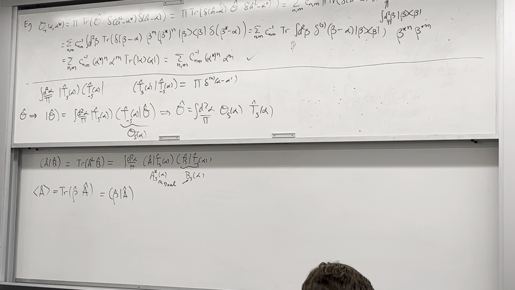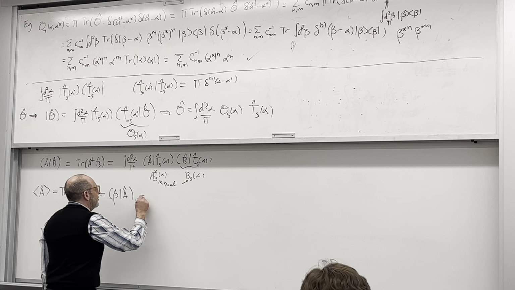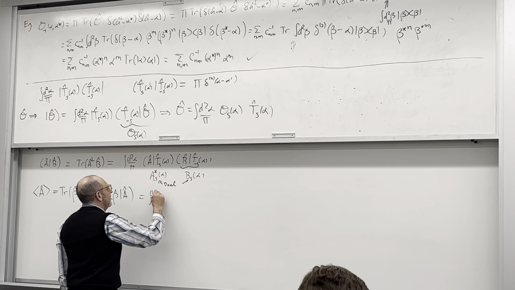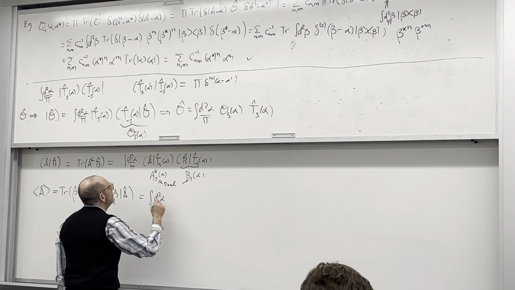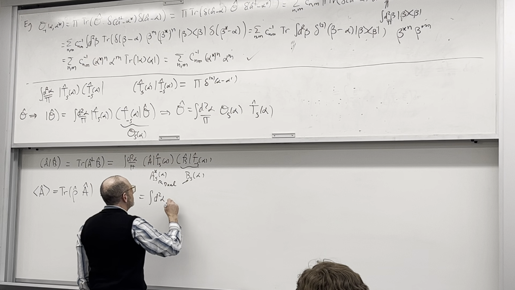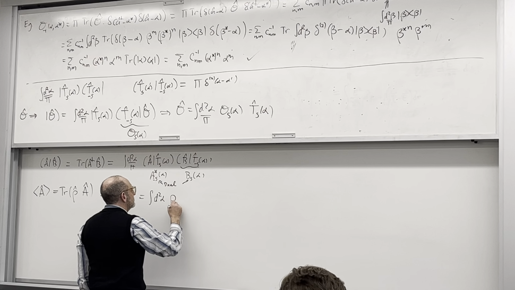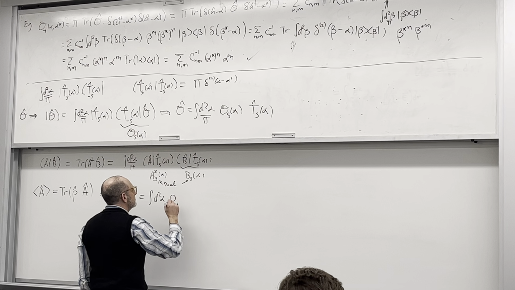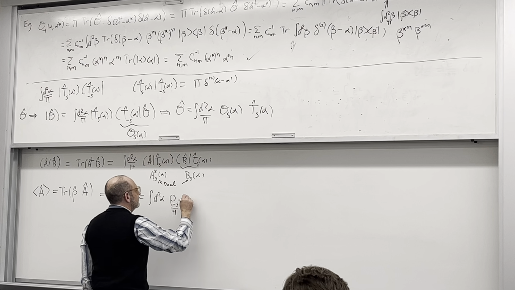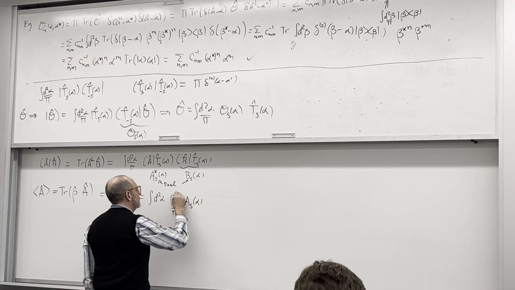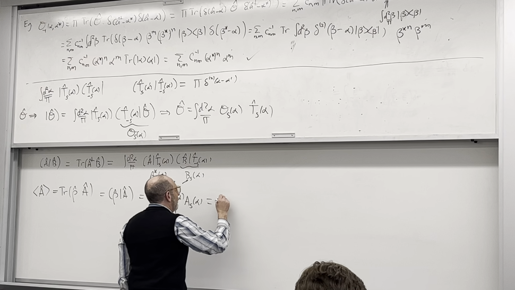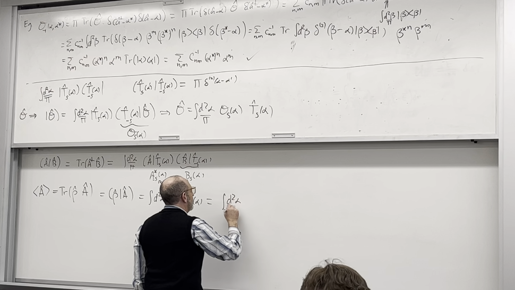Rho is a Hermitian operator, so I can do that, which is equal to, by this definition, or equivalently, I could do it the other way around.